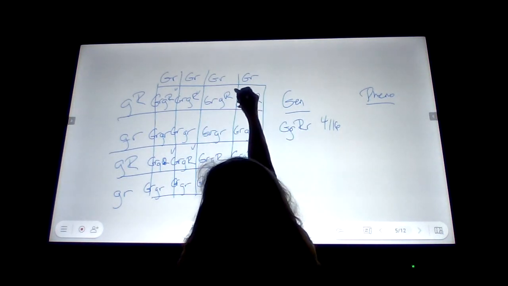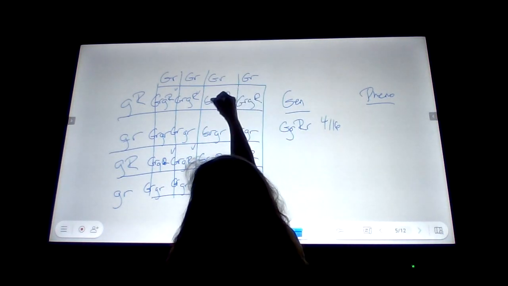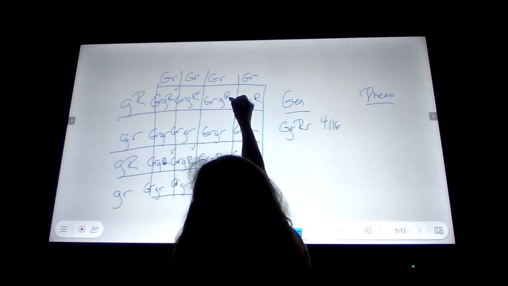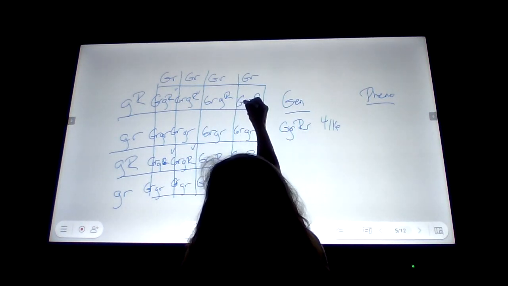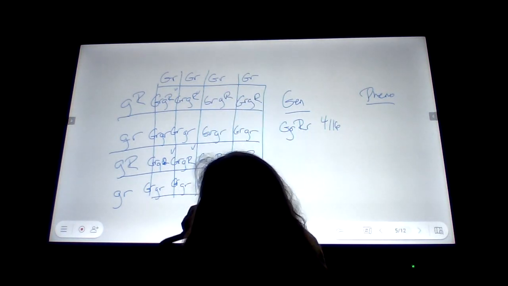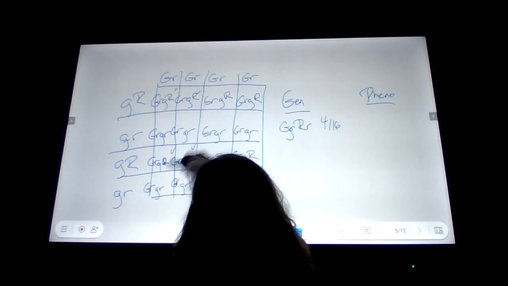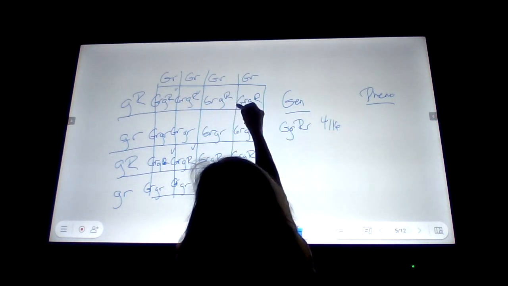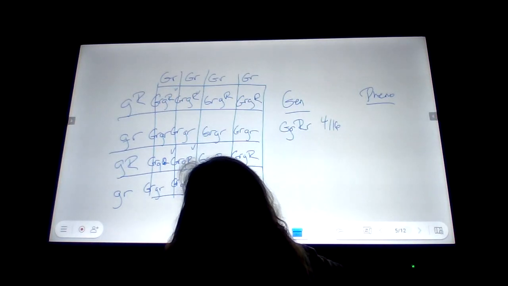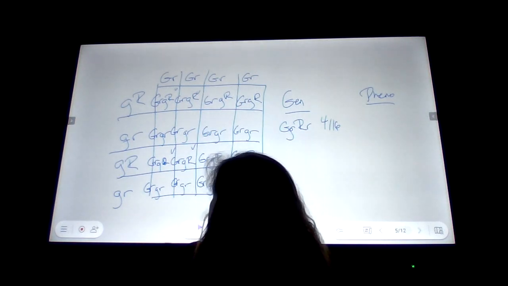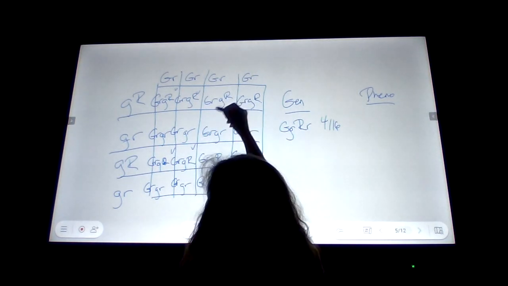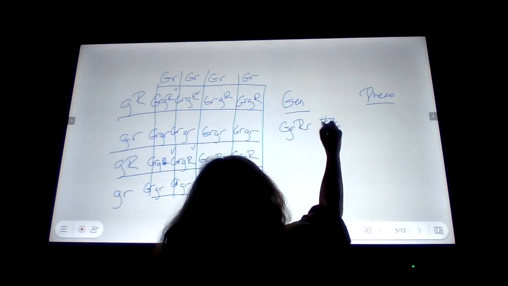I come over here, I see I have a big G, big R, little r. Something is messed up. Oh, no, I know what the problem is. Okay, this is a different problem than I did other. Okay, so I don't have 4 out of 16.